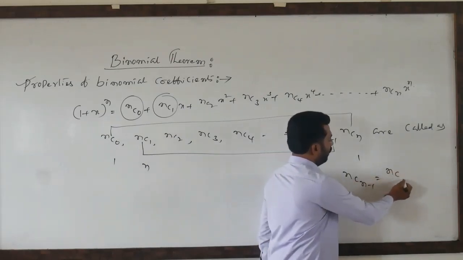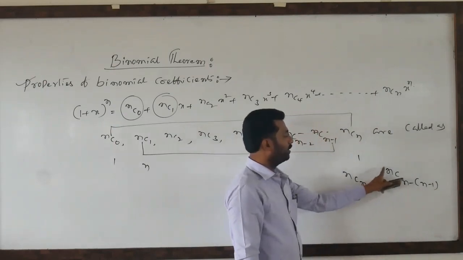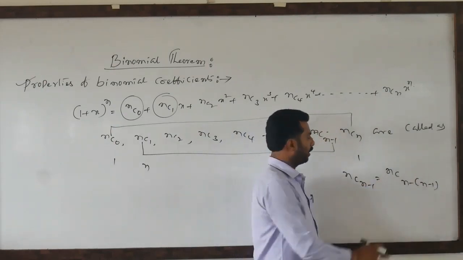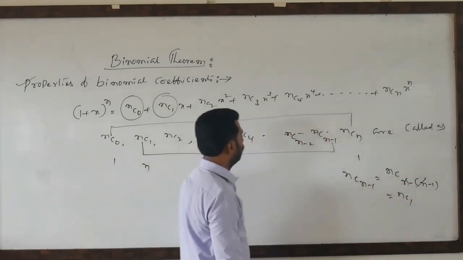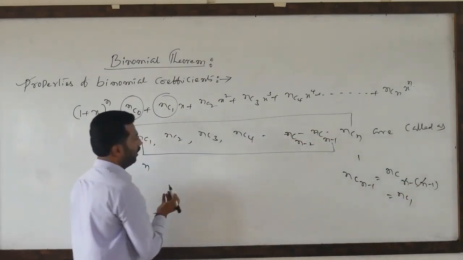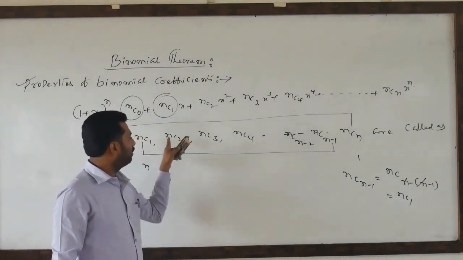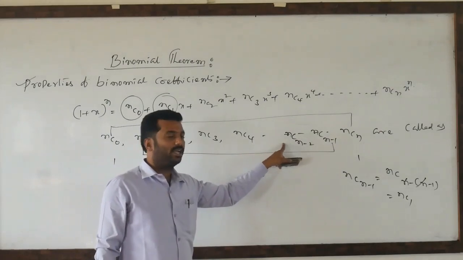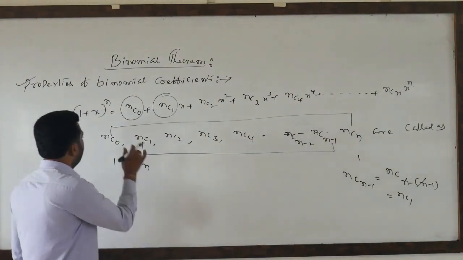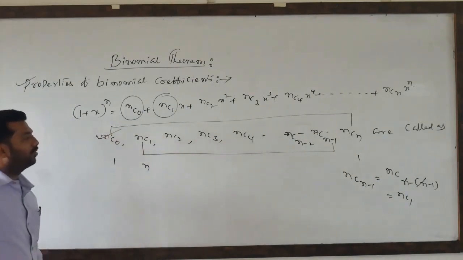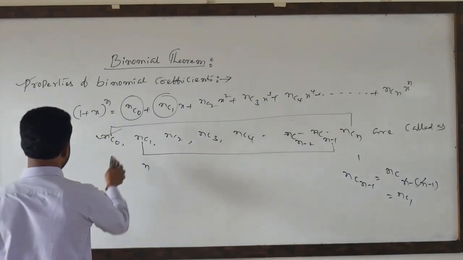You can write nC(r) equal to nC(n-r). These two are also the same. nC2 value and nC(n-2) are the same, nC3 and nC(n-3) are the same, nC4 and nC(n-4) are the same. So binomial coefficients equidistant from the beginning and end of the terms are equal.